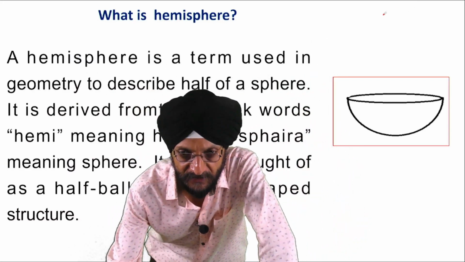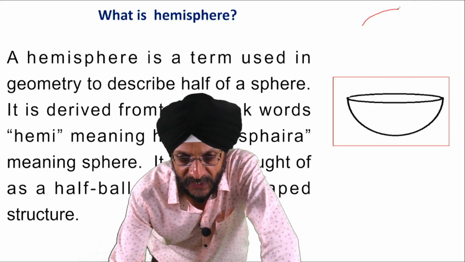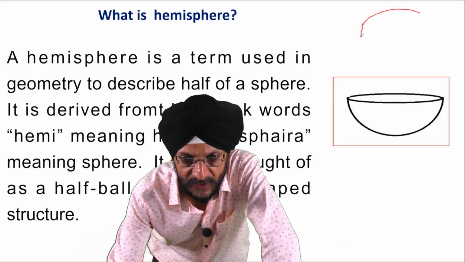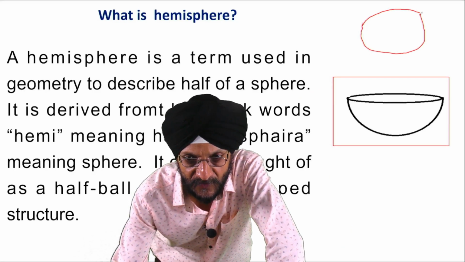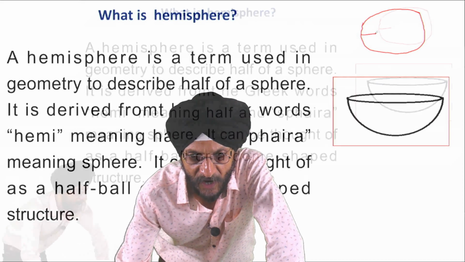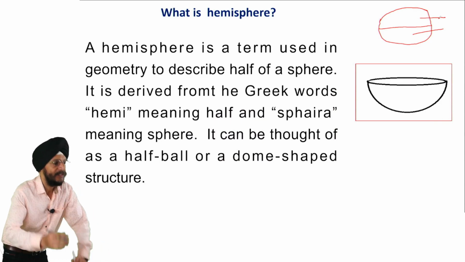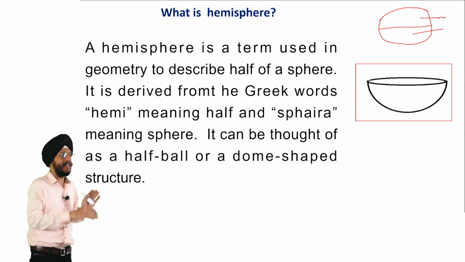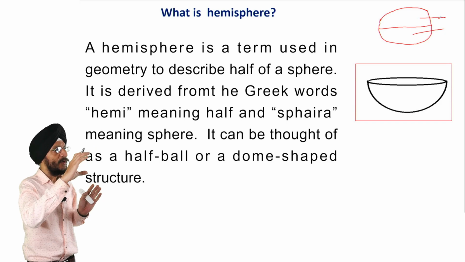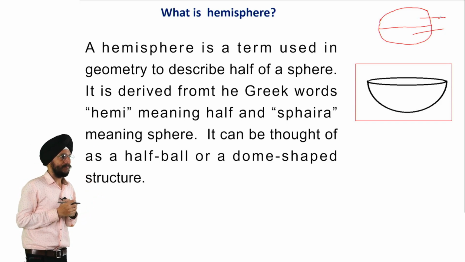If we have seen a sphere, it looks like this. And if we take half of the sphere, each part is called a hemisphere. In other words, we can say that a sphere consists of two hemispheres.